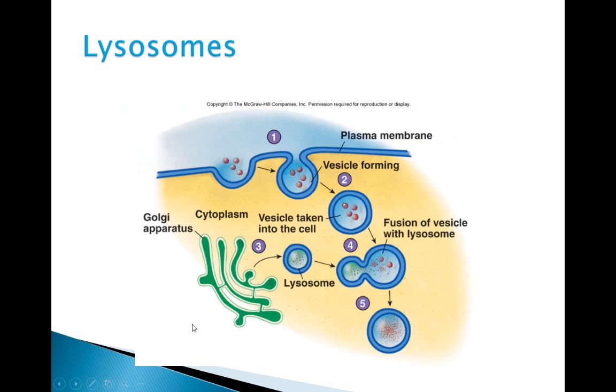So I'll give you an example right here. Here's the Golgi apparatus, and here it releases a lysosome. So inside here there's these digestive enzymes, and here coming into our cell is something that is unwanted, we'll say. It could be some type of a pathogen or something like that. What the lysosome will do is it will attach to this vesicle, release its digestive enzymes in here, and as you can see, the final product is destroyed completely.